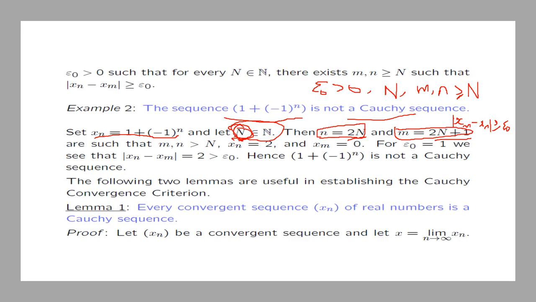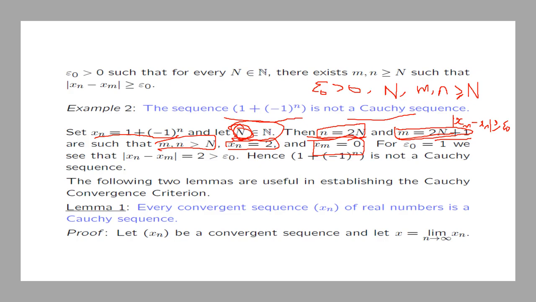So with this small n and with that small m, we see that both m and n are bigger than capital N, and xn will give you 2, and xm will give you 0.